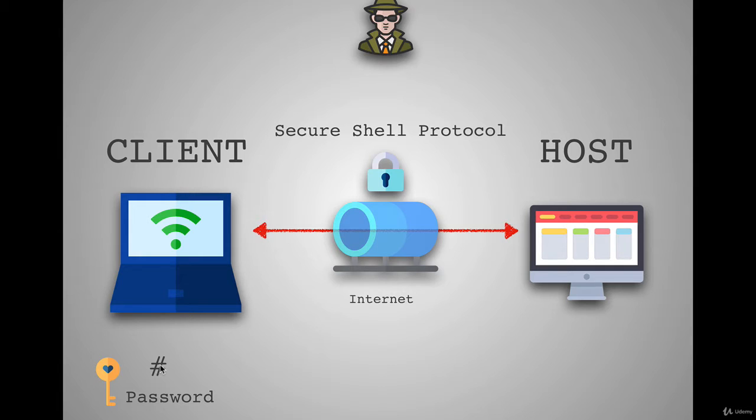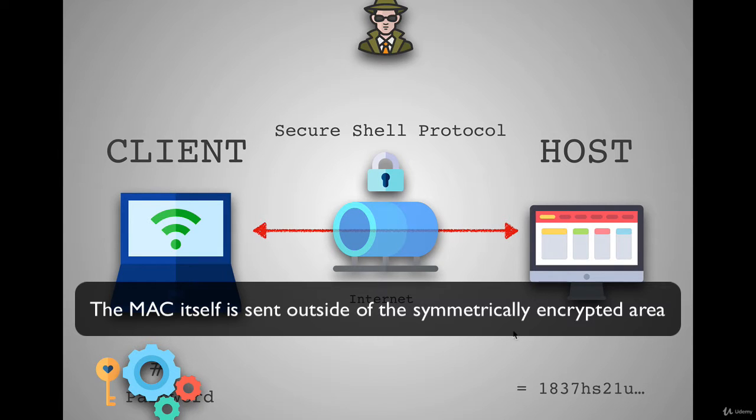Well, using the packet sequence number, the key, and then whatever text I'm sending, in this case, let's just say we're sending the password, I combine this as an input into a hash function, and this function is going to spit out some piece of string that means absolutely nothing. And now this is sent to the host.